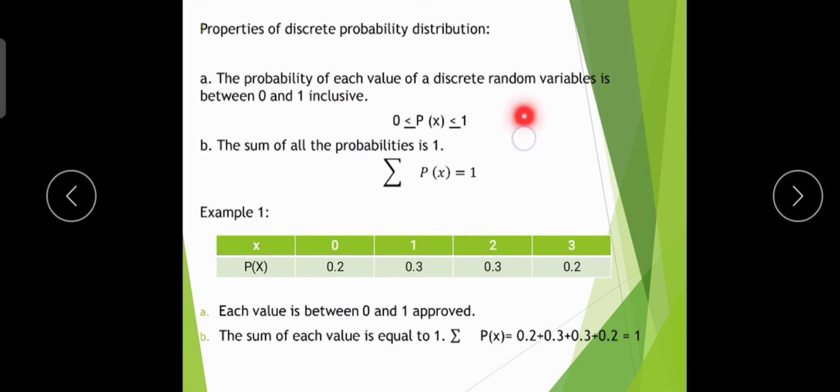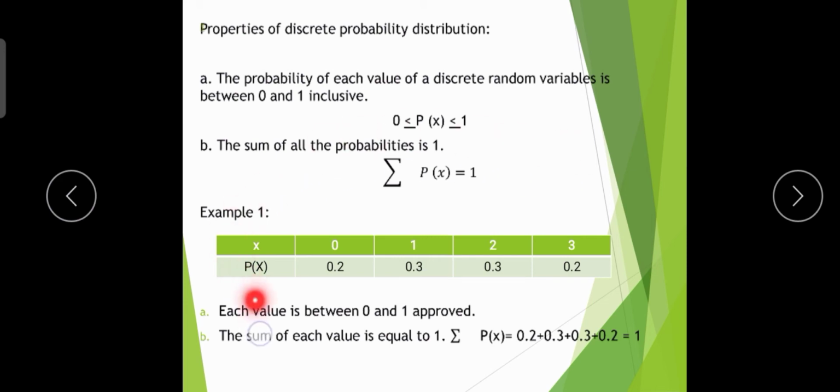So, ibig sabihin, lahat ng probability of each value is between 0 and 1. Dapat naka-proper fraction siya. Second property is the sum of all the probabilities is 1. The summation of P(x) is equal to 1. So, lahat ng probabilities, kapag inadd natin siya, dapat mag-equal to 1.